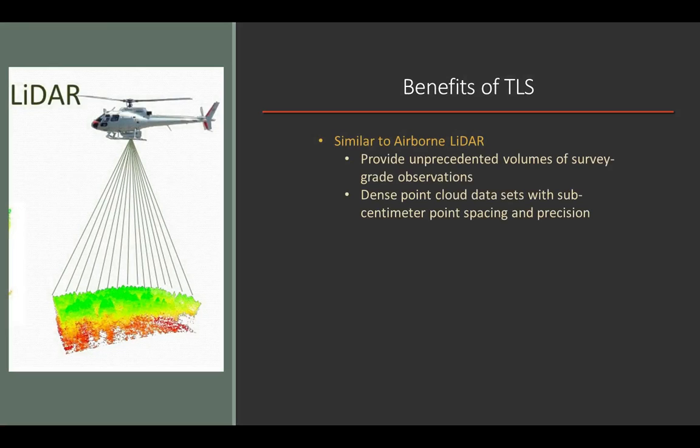So the benefit of TLS is that it's similar to airborne LiDAR in that it provides an immense amount of survey grade observations, and it creates these dense point cloud data sets that are extremely accurate and precise.